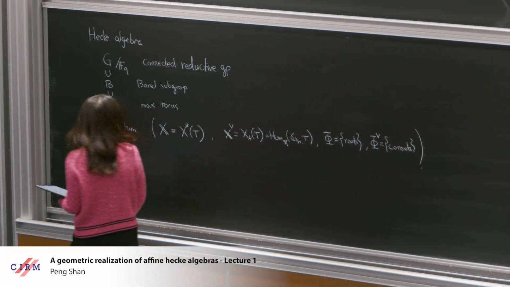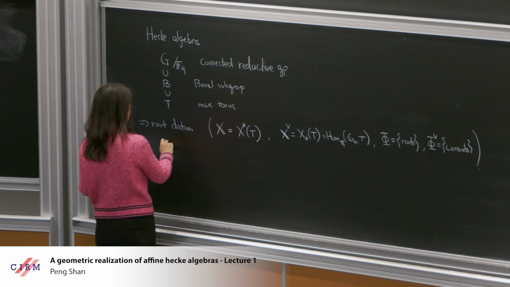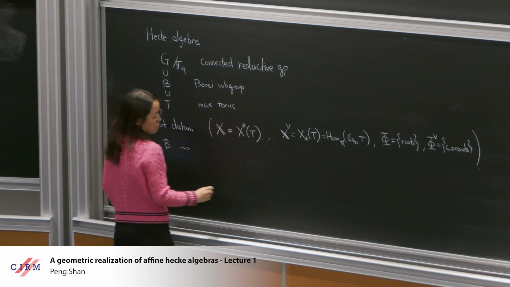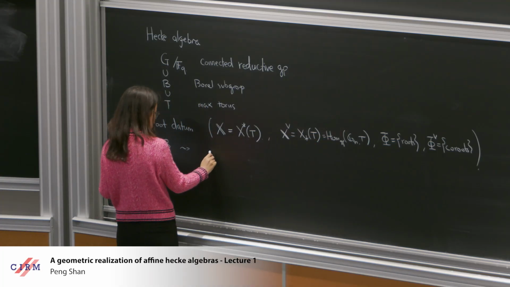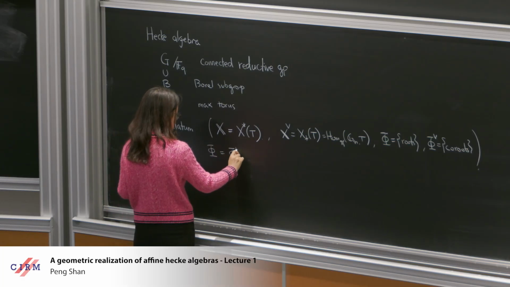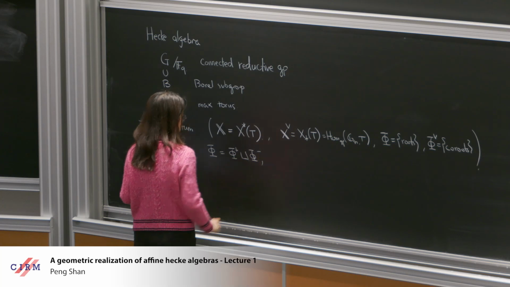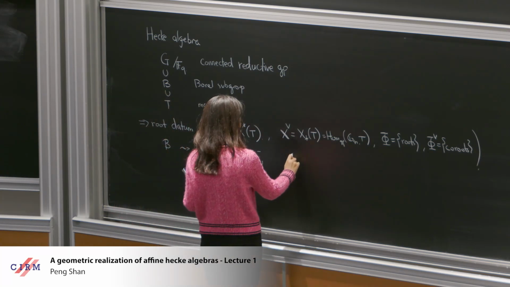And the fact that we have fixed a Borel tells us which are the positive roots, so this gives us a choice of positive roots and negative roots. And in particular, it determines a set of simple roots in Φ+.